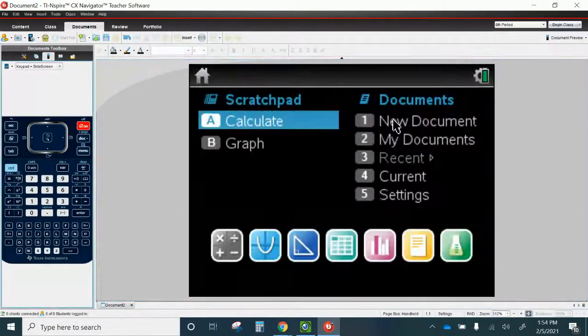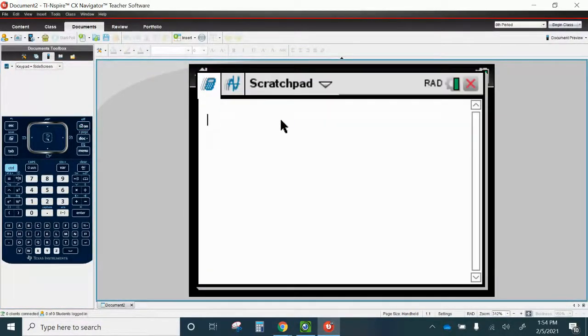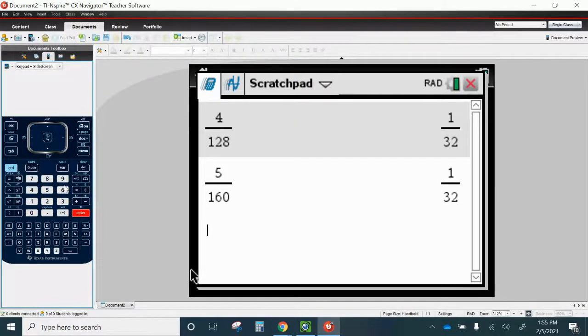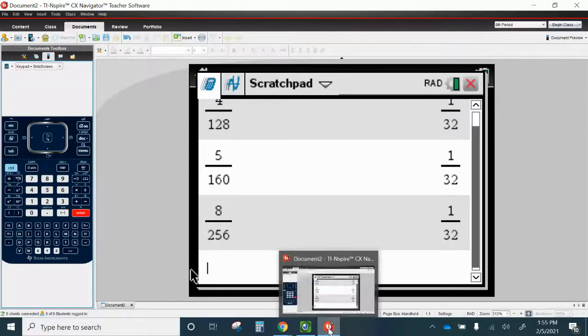Try again. On, or there you go, just do calculate. So we're going to do 4 divided by 128. We're going to do 5 divided by 160. And we're going to do 8 divided by 256. So you can see we have 1 divided by 32.